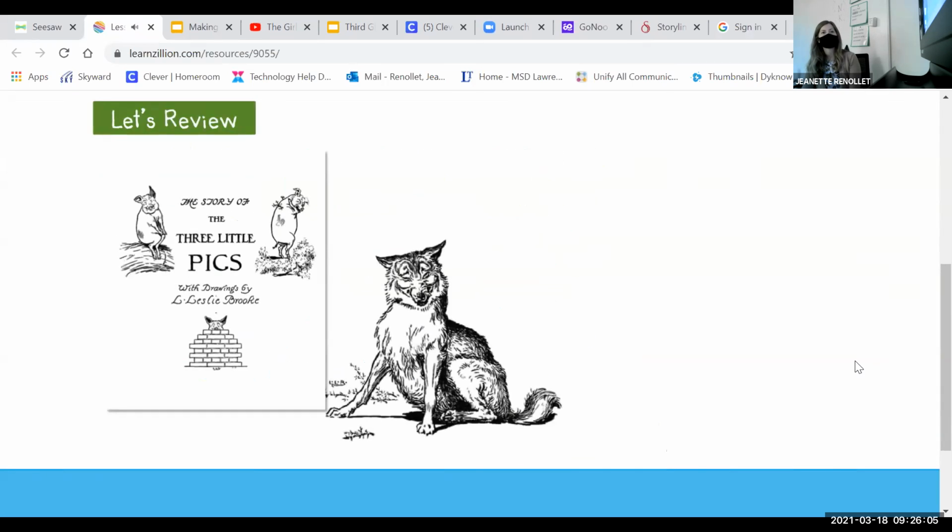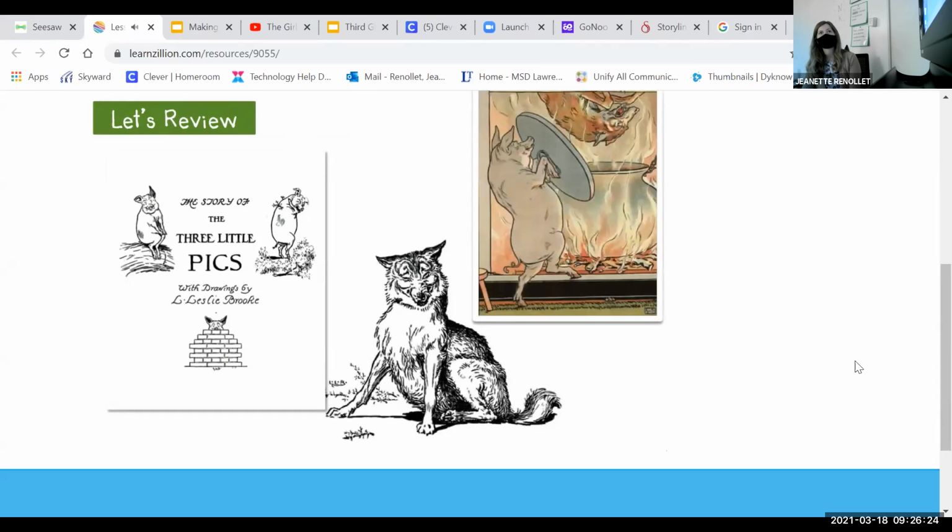In this story, there's a wolf who wants to eat each of the three little pigs. He eats the first two pigs, but the third pig's house is too strong to blow down. And each time the wolf tries to trick the third pig into meeting him somewhere, the third pig outsmarts the wolf and escapes without getting eaten. In the end, the wolf jumps down the third pig's chimney into a pot of boiling water. The third pig puts the lid on the pot and cooks the wolf up for dinner.